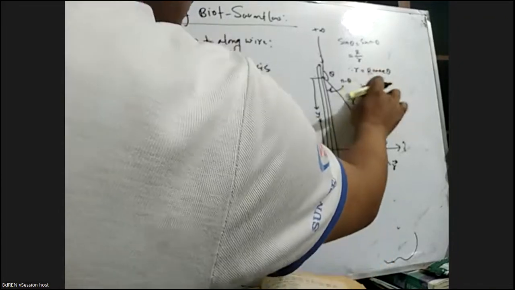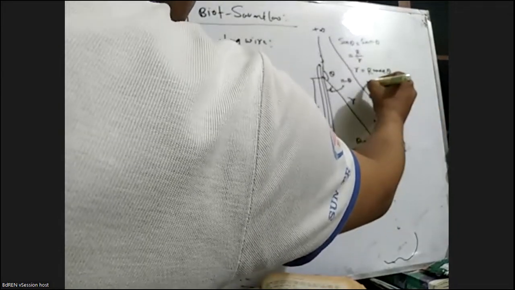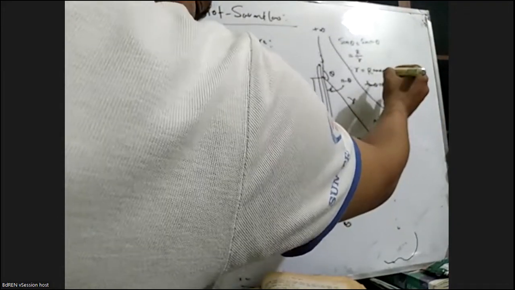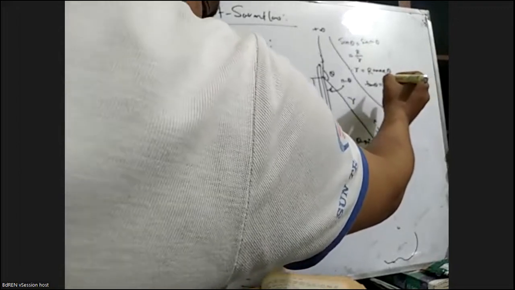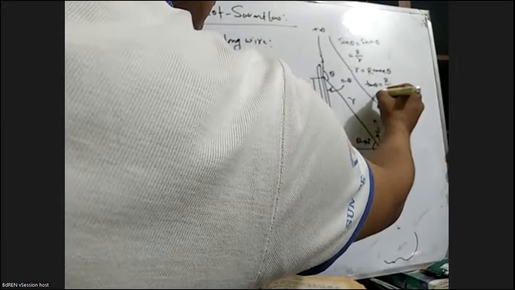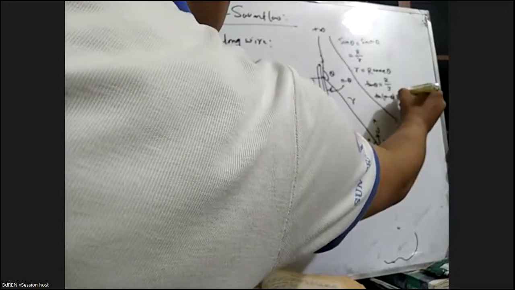Again, tan theta equals what? Tan theta equals capital R by y, or tan of pi minus theta equals capital R by y. Therefore y equals minus r cot theta.